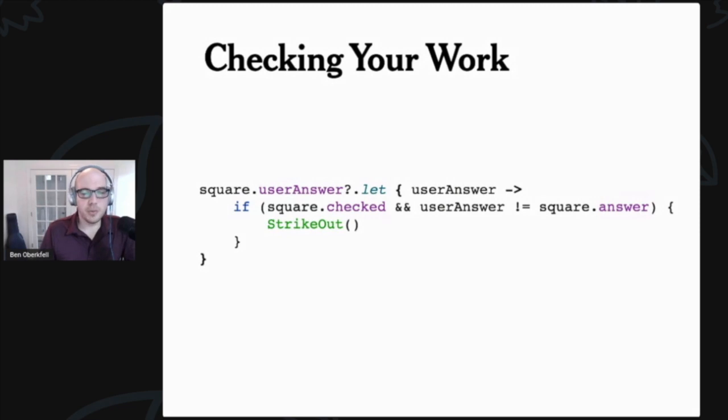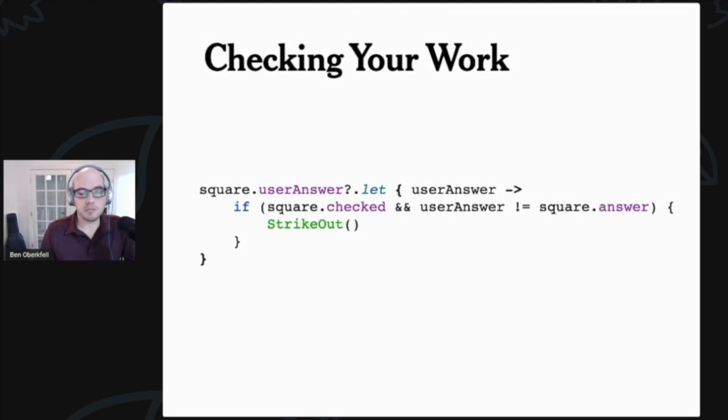So the final feature we're going to add is checking our work. We built that strikeout before in our letter square, so let's make use of that. And we also remember that we added a checked Boolean onto the square itself to indicate whether we've asked that square to check its work or not.